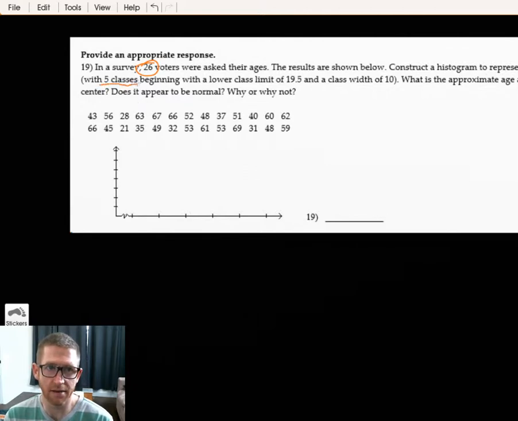So you're told how many classes to have, beginning with a lower class limit of 19.5 and a class width of 10. So if we were to compare this with a frequency distribution table, just like the last one, the class limits would be from 19.5 to 29.5.